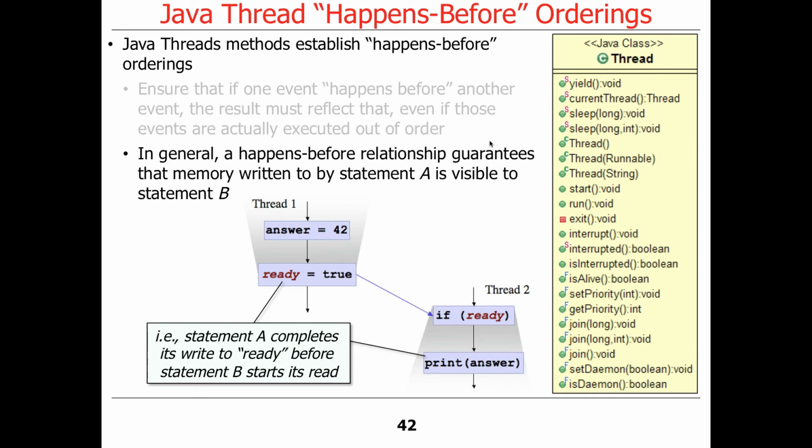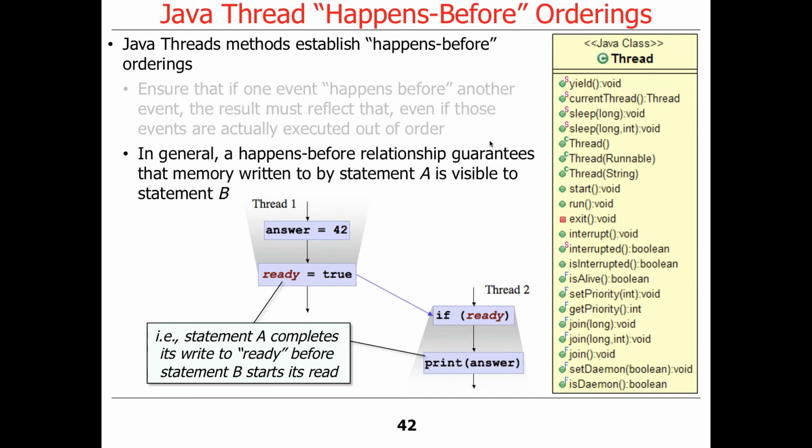The key point to remember is to ignore what appears to be temporal relationships between the way these two things are laid out on the screen. If you don't use synchronizers properly, then this flag might be set to true, but answer may not be 42. That's the key thing to remember about memory models.